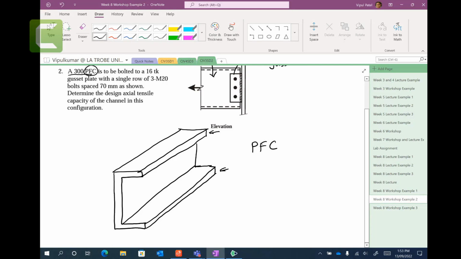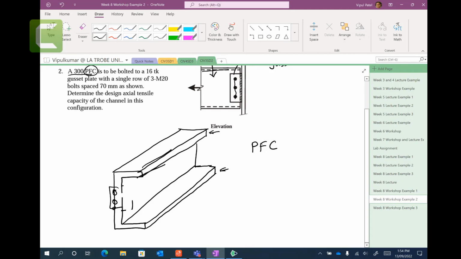So that is the channel. And what happens here? Someone comes and does this bolting. They connected these gusset plates here with 3 bolts. This top line is this line, and they connected with the 3 bolts in this configuration.